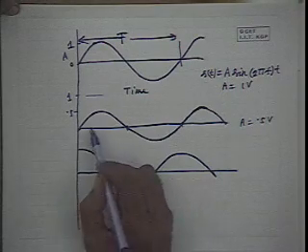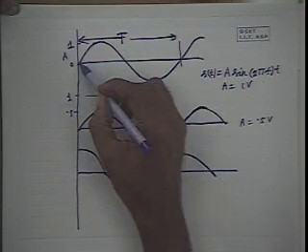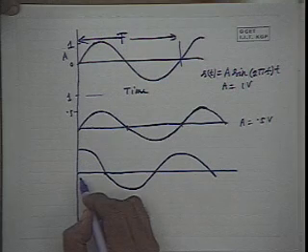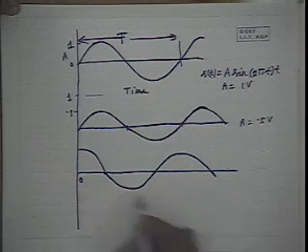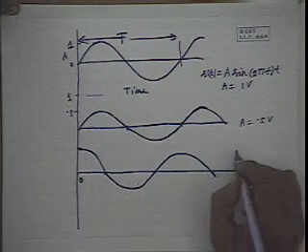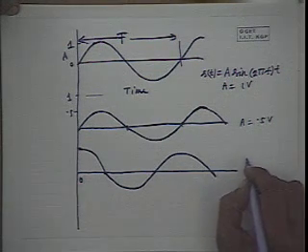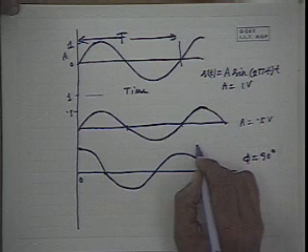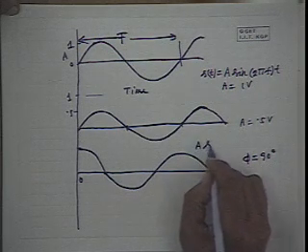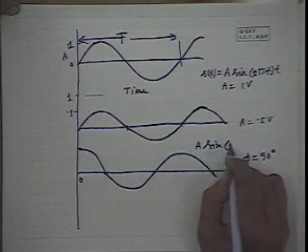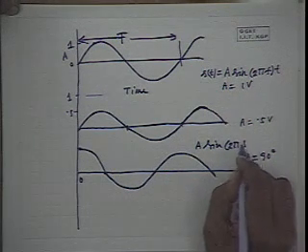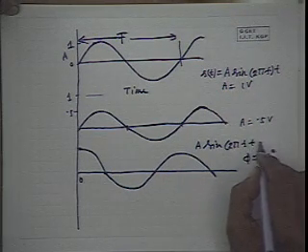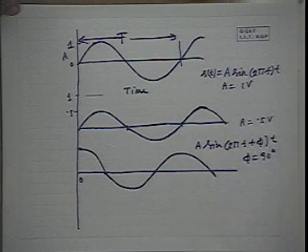Here, as you can see, the signal is no longer 0 at time instant 0, and it is having about 90-degree phase difference. That means here phi is 90 degree, and signal is represented as A sine 2 pi f, frequency is same, t plus phi.